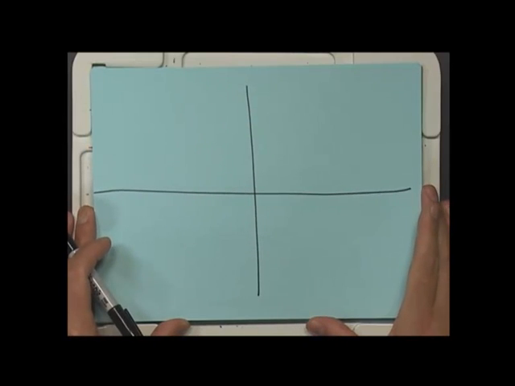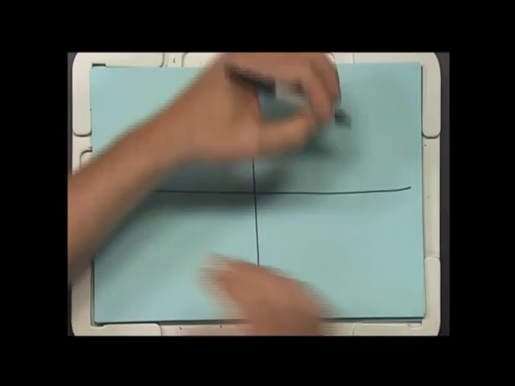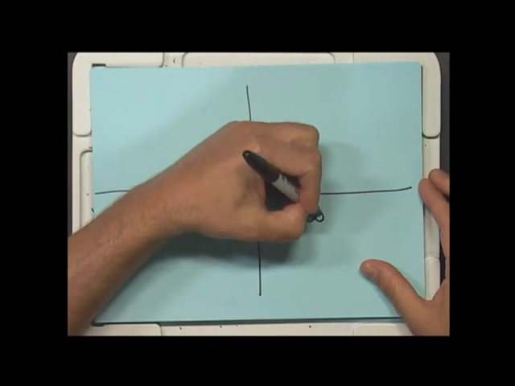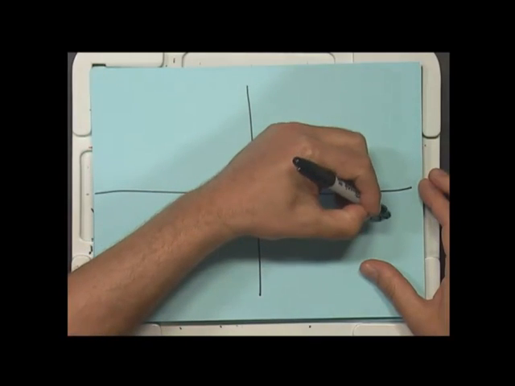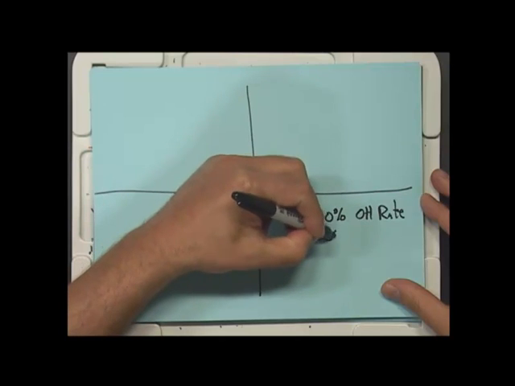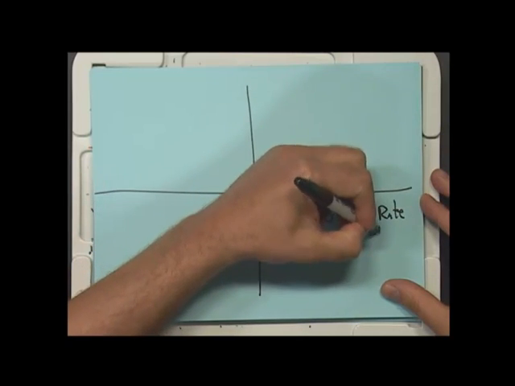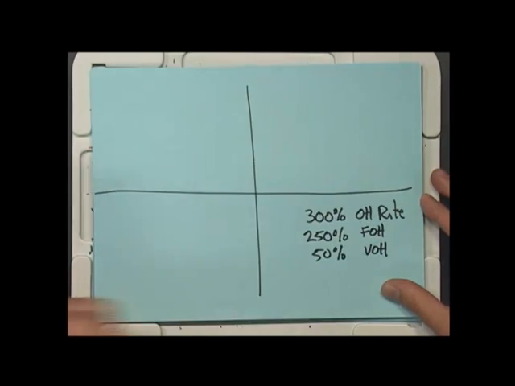We're not selling the things, so we don't have revenues. We've got our 300% overhead rate, of which 250% is fixed and 50% is variable.